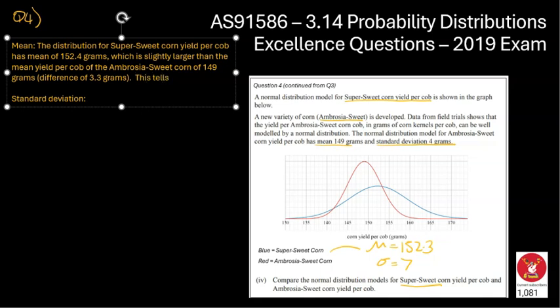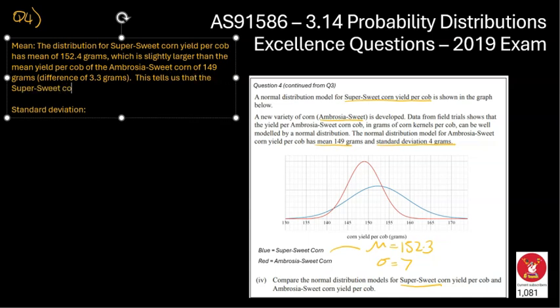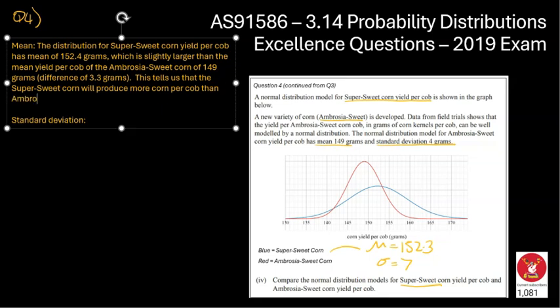So this tells us that the super sweet corn will produce more corn per cob than Ambrosia sweet corn. And I'm just going to write in brackets on average because that is an average at the end of the day. And we can see there is a bit of variation. So some of the Ambrosia corn will be larger than some of the super sweet corn. Okay, so that's the mean conversation.